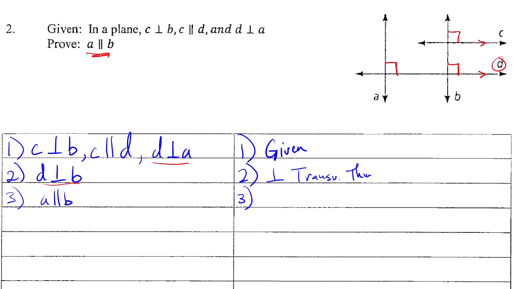And because in a plane, if two lines are perpendicular to the same line, so let me write this out, two lines perpendicular same line, then they must be parallel. All right. And that's it.